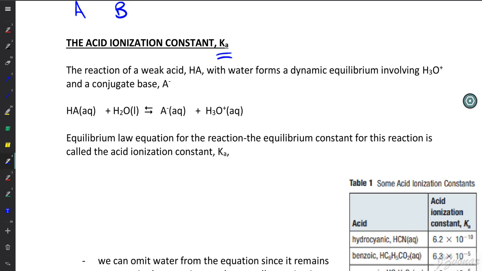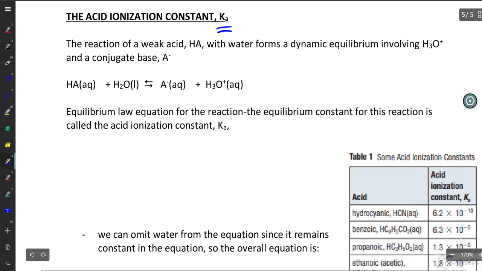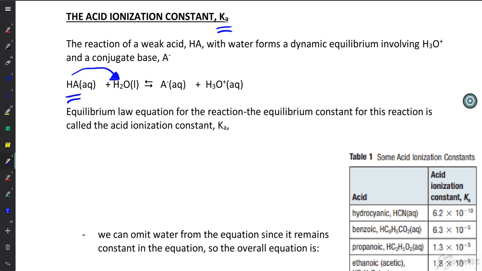Okay, and so this again is just the general equation. All right, so this is my general acid being placed in water. Okay, so it donates the hydrogen ion to the water, making HA the acid and my water behaving as the base, and it forms the conjugate base A -1, my anion, plus my hydronium ion of H3O+.